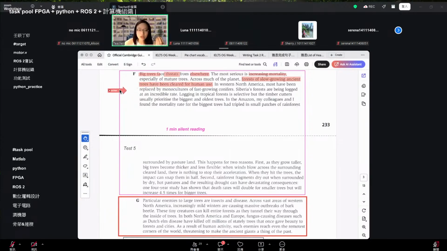So that would largely agree with the ideas of deforestation. So we could answer it straight away.